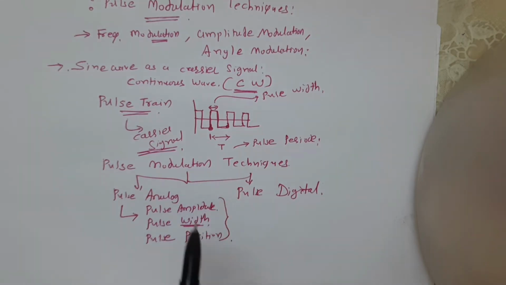In the pulse, again pulse amplitude, instead of frequency we are changing the pulse width, and instead of phase we are changing the pulse position. These are the differences between the sine wave as a carrier and the pulse wave as a carrier. Again, the last part of this chapter discusses pulse digital modulation techniques, namely pulse code, delta, and differential pulse code modulation techniques.